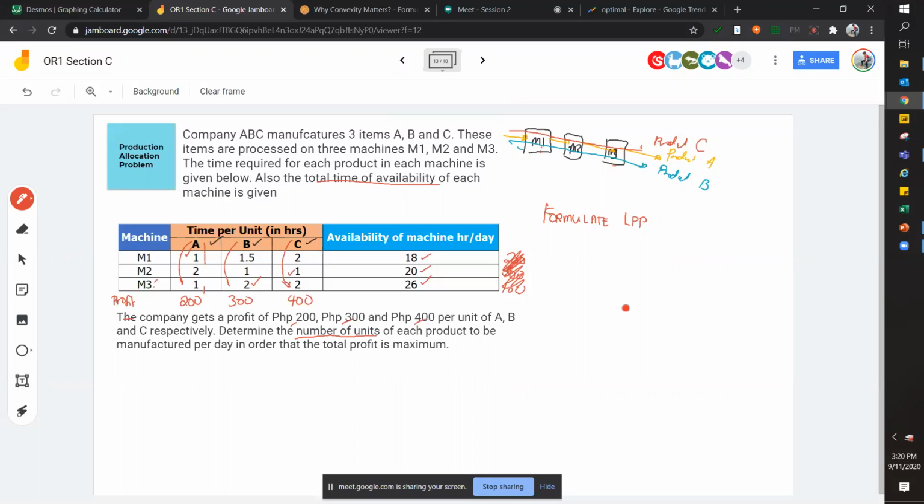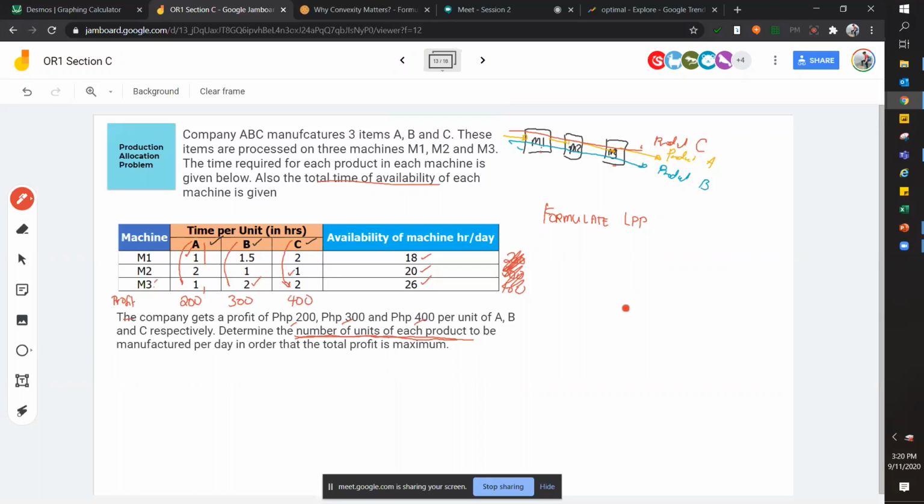Ma'am? Ano po yung mga decision variables natin?